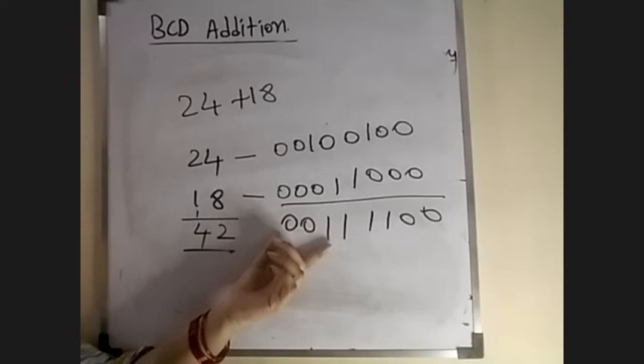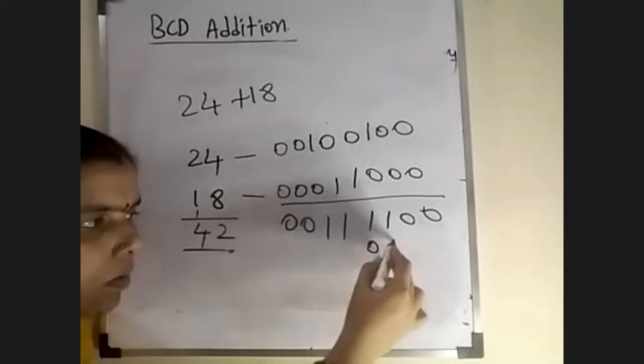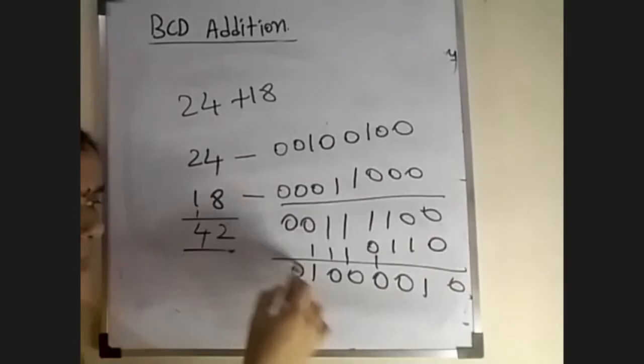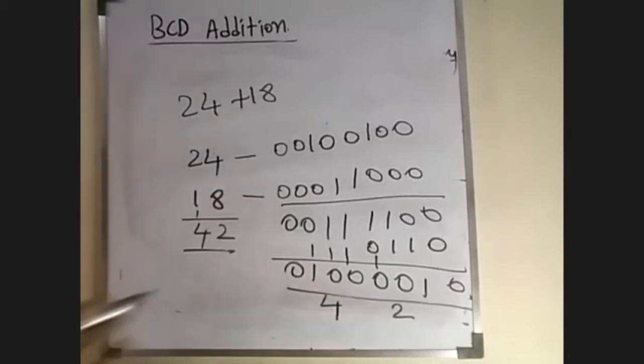So is this value correct? No. So this is an invalid BCD. So to correct this value, you can add plus 6. So 0110. Then 0110 plus 1010 gives 1010. So 0100 is the 4, and 0010 is the 2.